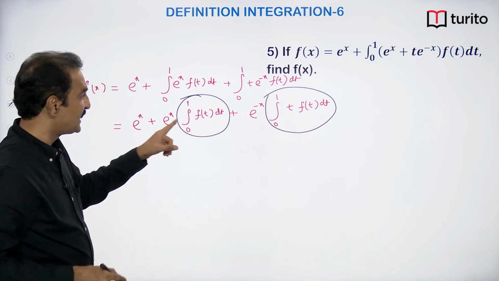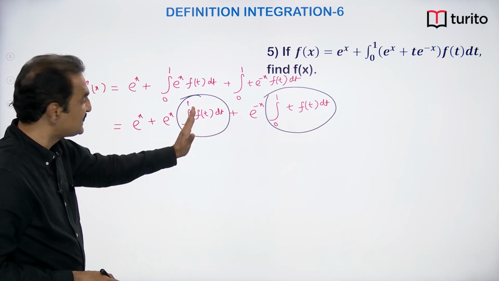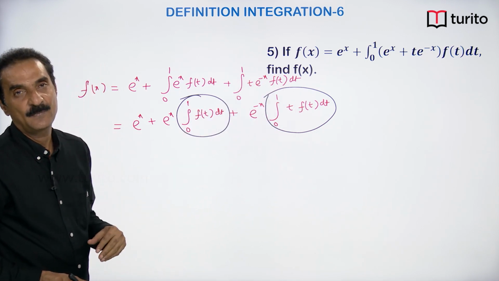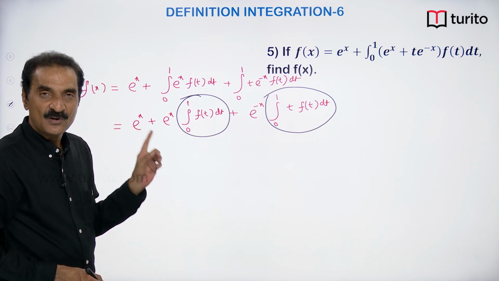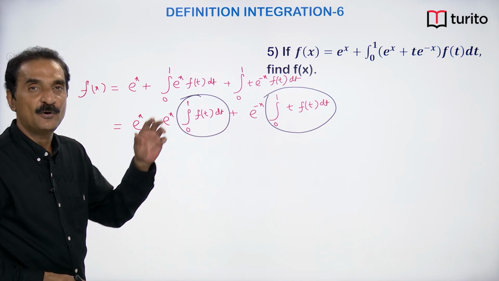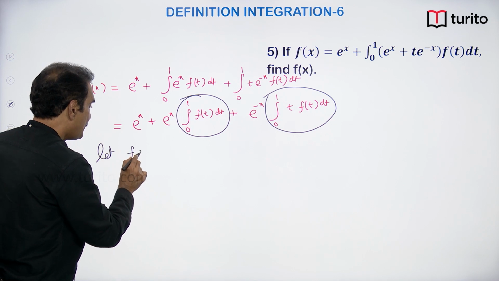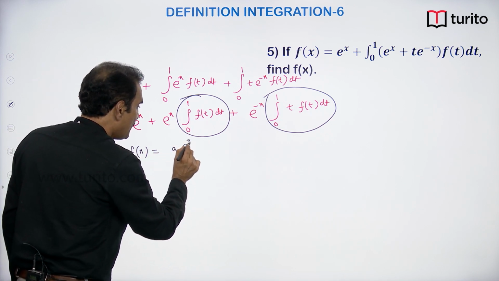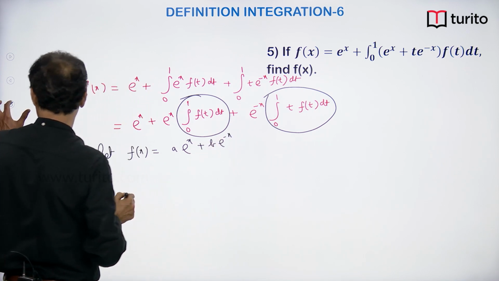Now observe what kind of function f is. e power x into 1 plus some constant, here e power minus x into some other constant. So let us assume that f of x is some constant a into e power x plus another constant b into e power minus x. Let f of x be equal to a e power x plus b e power minus x.